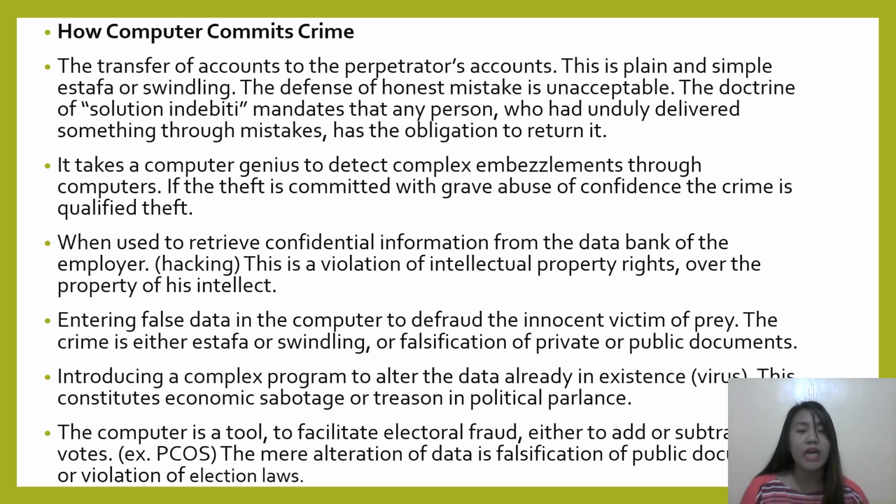The crime is either estafa or swindling or falsification of private or public documents. Introducing a complex program to alter the data already in existence, yung tinatawag pong pagkikreate ng virus, constitutes economic sabotage or treason in political parlance.